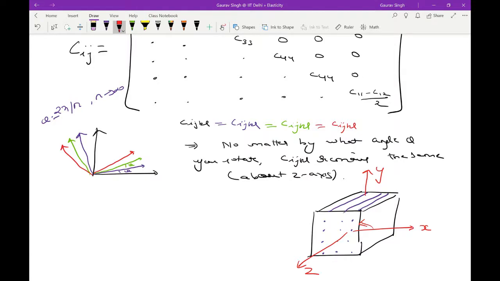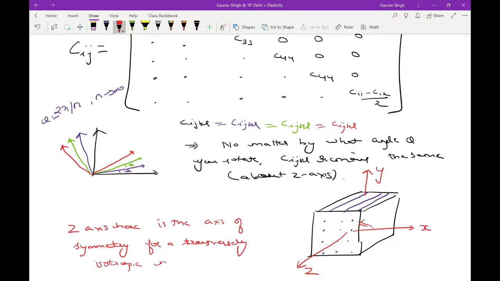So the z axis here is the axis of symmetry for a transversely isotropic material.